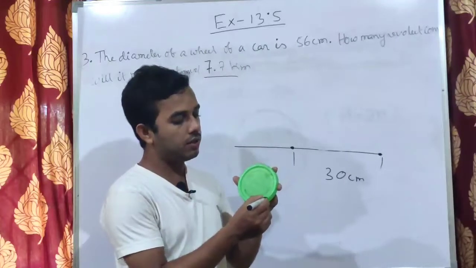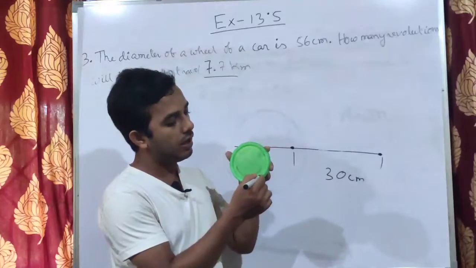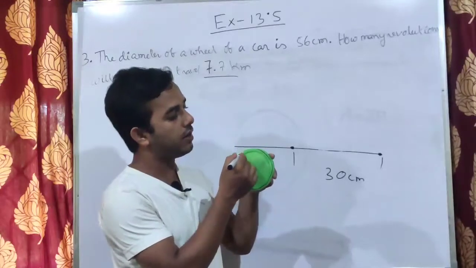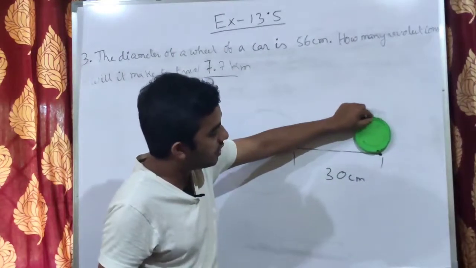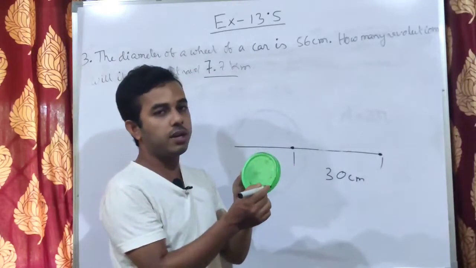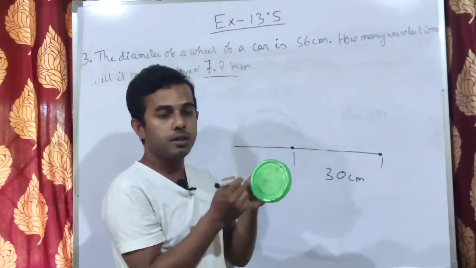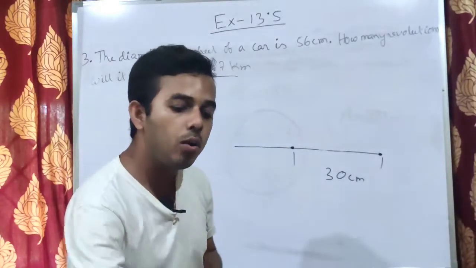This is the total length, right? This length of the wheel, the distance covered. This covers the boundary of the wheel, right? From this point again it comes to this point. This means the circumference of the wheel, right? So how will we solve this?